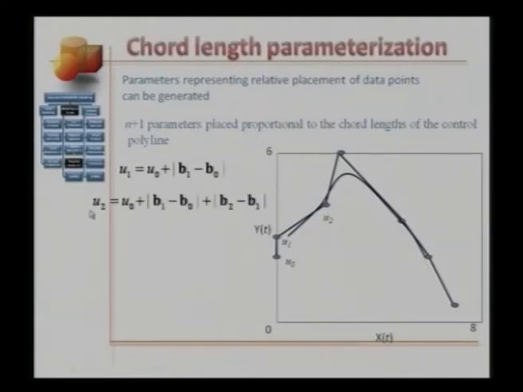I can compute u2 as u0 plus the absolute value of B1 minus B0 plus the absolute value of B2 minus B1. In a sense, u2 is u0 plus this chord length here plus this chord length here.